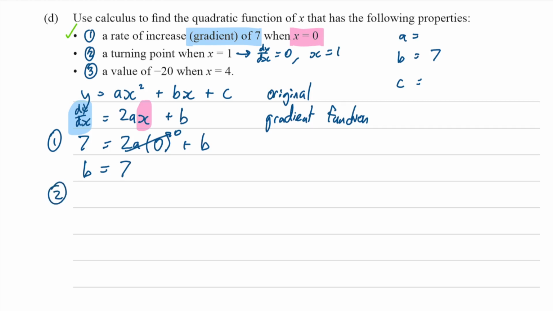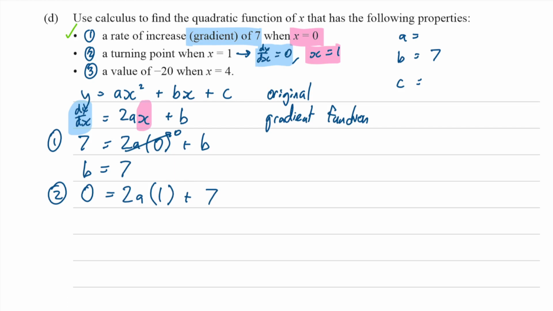So similarly, in for the gradient, we will substitute 0, and in for x, we will substitute 1 into our gradient function. Right, so 0 equals 2 times a times 1 this time, plus b. Well, we know b is 7. And now you'll see that we have an equation, and the only unknown is a, so we can solve.